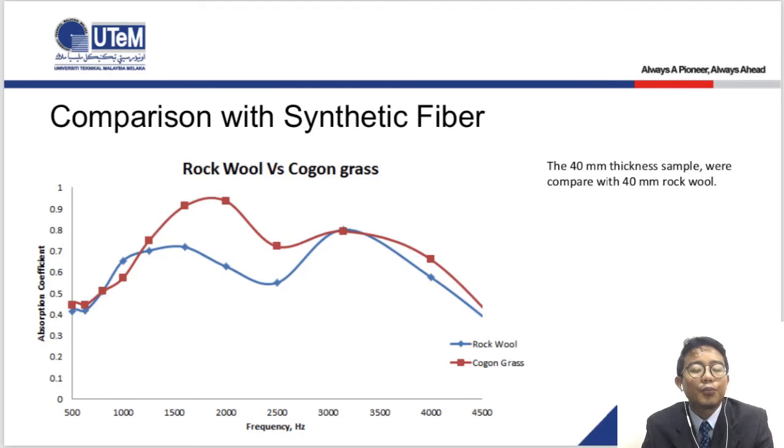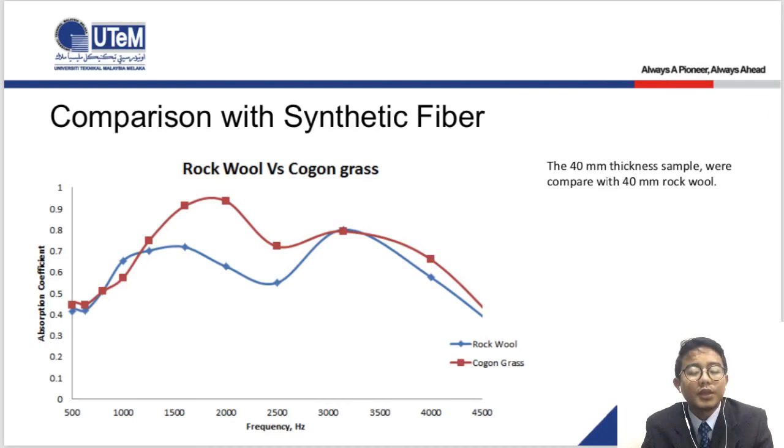Next is about the comparison with synthetic fiber. In this comparison, rock wool fiber is used to compare with the COGON grass. The thickness used for comparison is 40 mm.